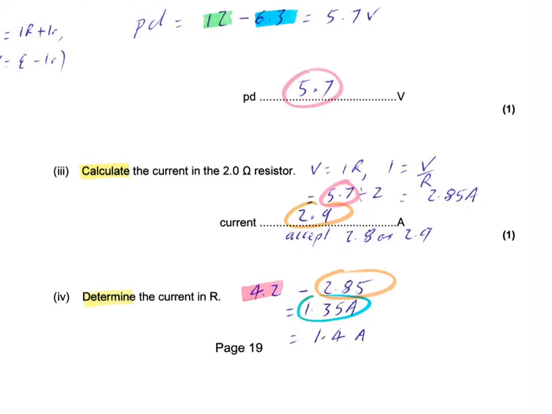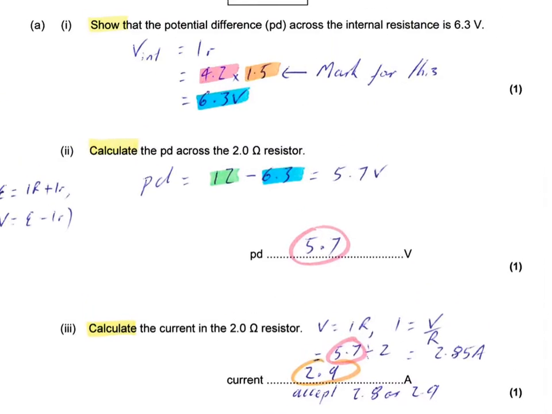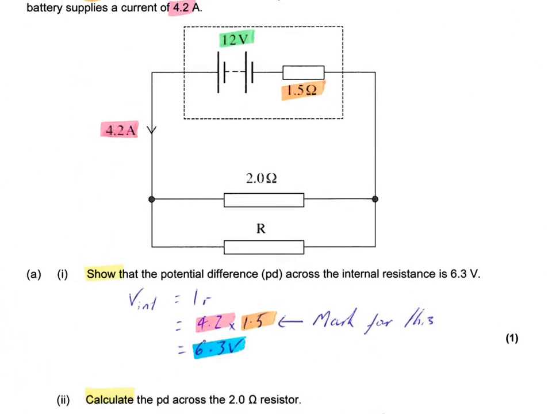And then we've got to determine the current in R. The point here is that we've got a current flowing into that point, and that's got to add up to the current flowing through there that we've just calculated, plus that. So these two currents, the current that's flowing through the 2 ohm, the current that's flowing through the unknown resistor, have to add up to the 4.2.